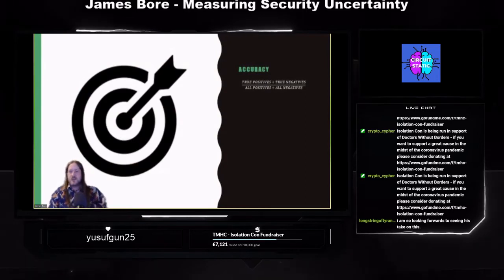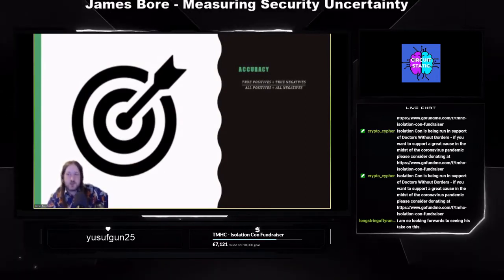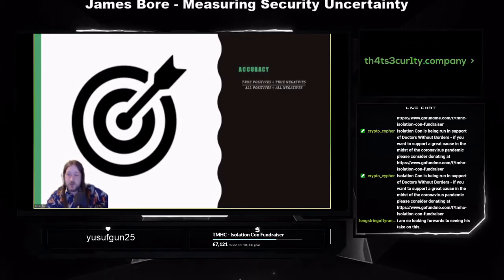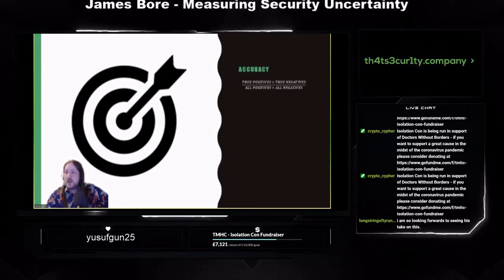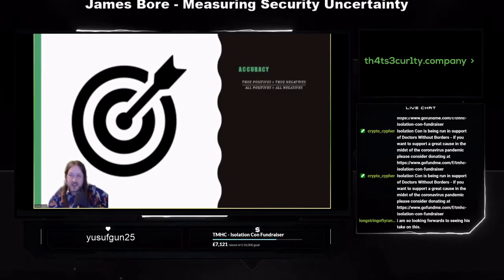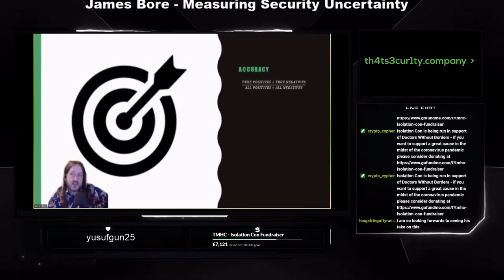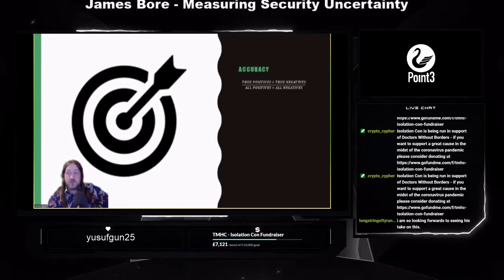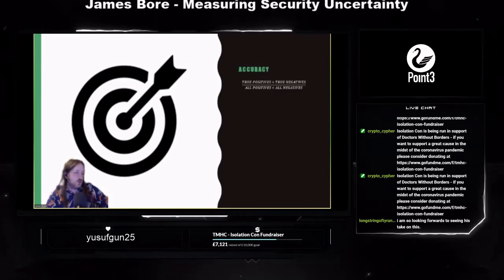So there's some numbers that we can get out of these matrices, and these are the bits where it becomes useful to us. The first one is accuracy, and all that is we take the true positives and true negatives and divide them by all positives and all negatives.